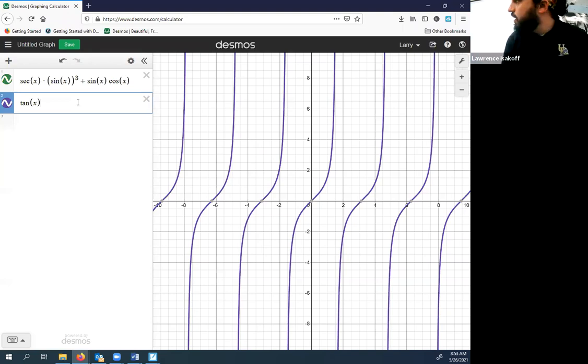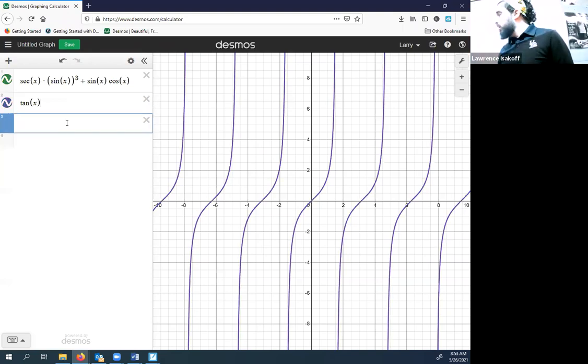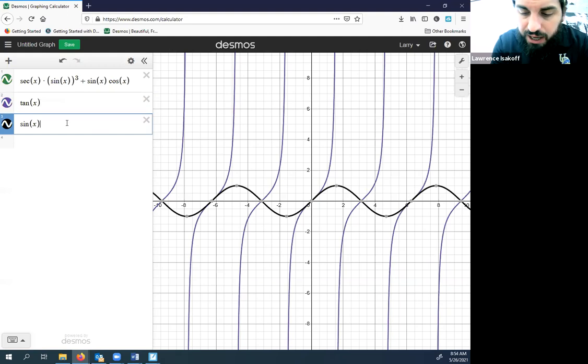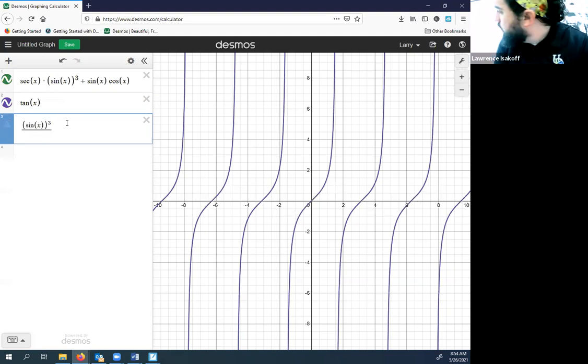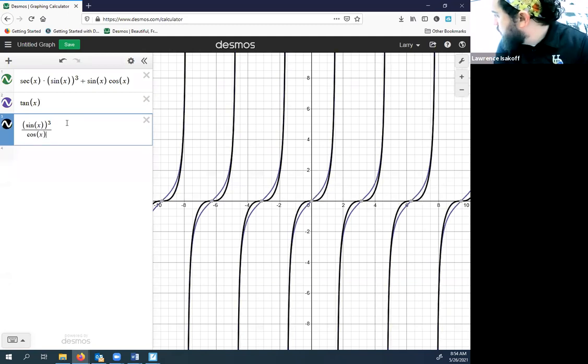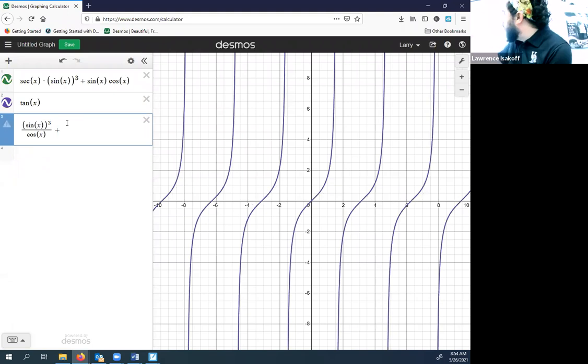So I'm going to very quickly go through here how this works. Basically, I can write secant as being 1 over cosine. So I can say the sine of x quantity cubed divided by cosine of x plus, now I want a common denominator of cosine.